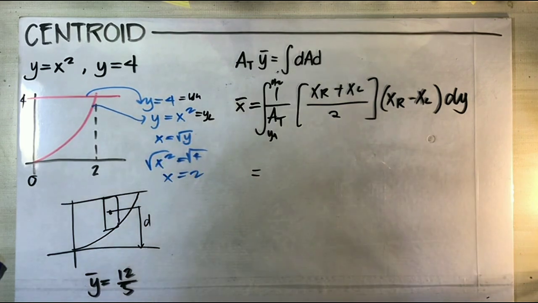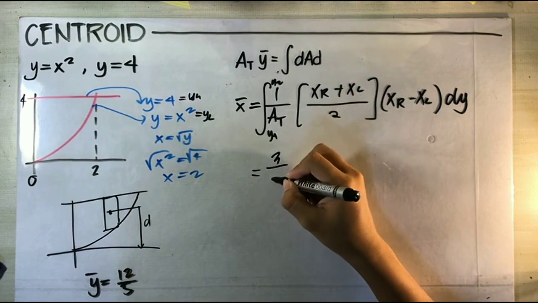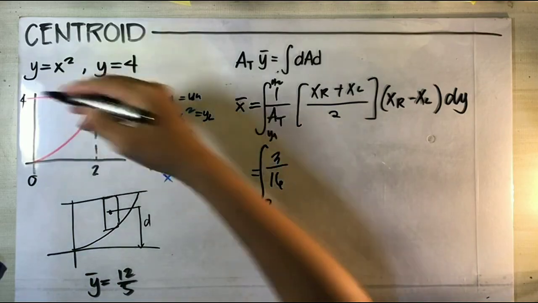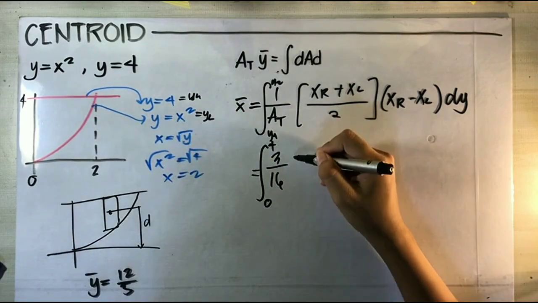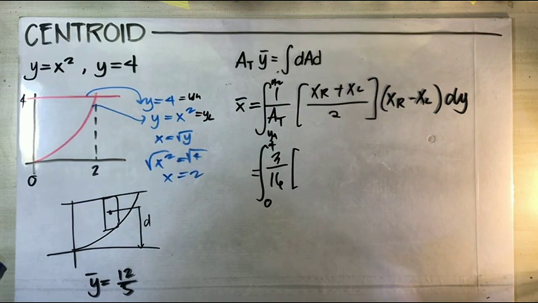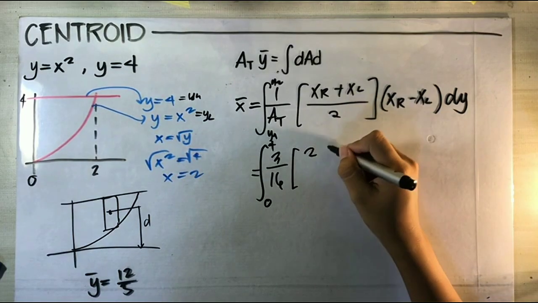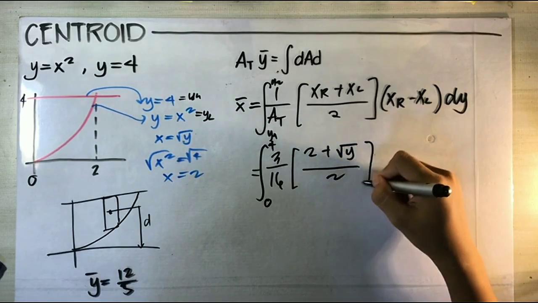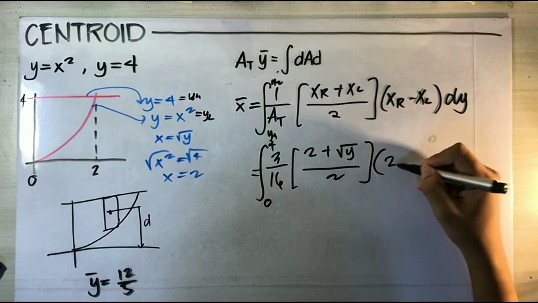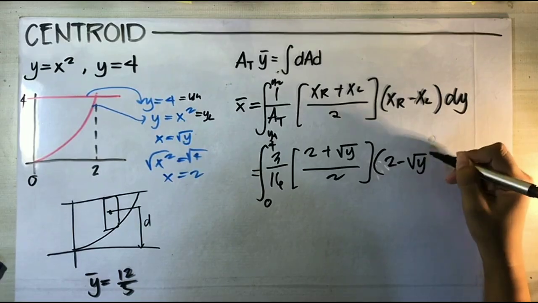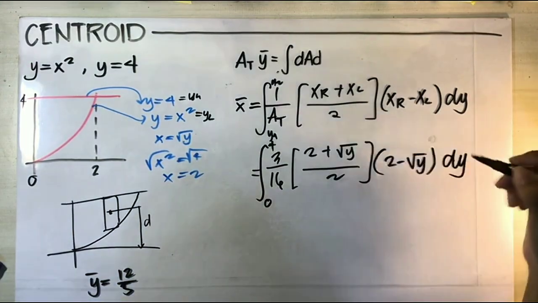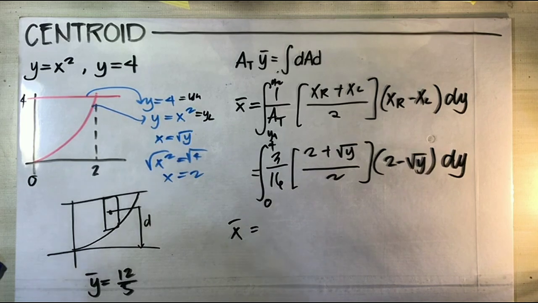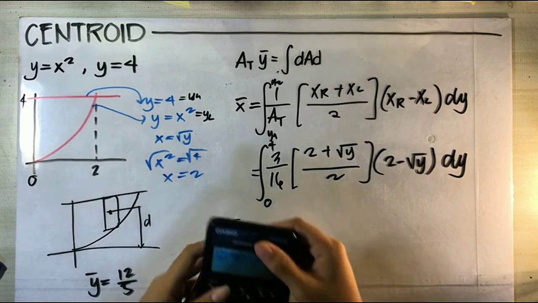So our area is 3 all over 16. It's integral from 0 to 4. So what is our x right? That is 2 plus the square root of y all over 2 times 2 minus square root of y dy. So our x bar, so let's use our calculator na lang.